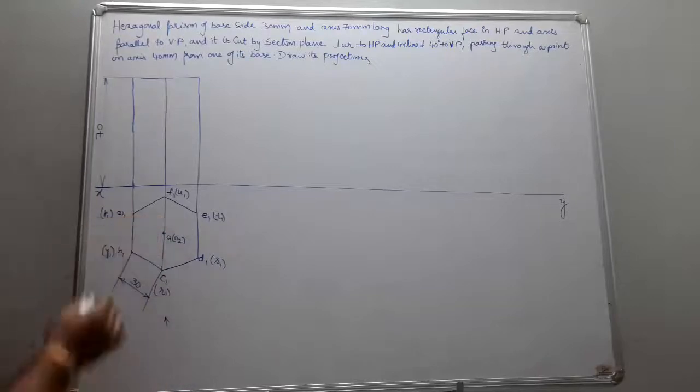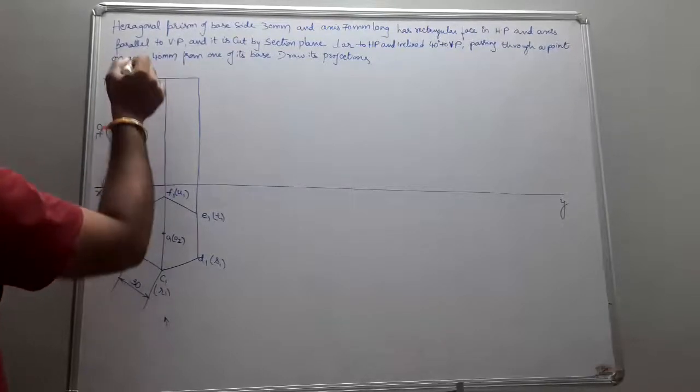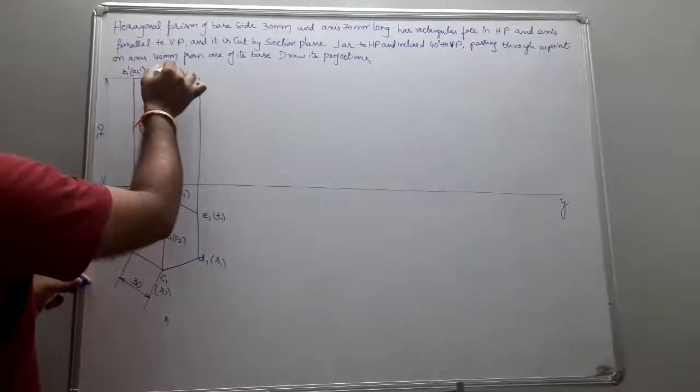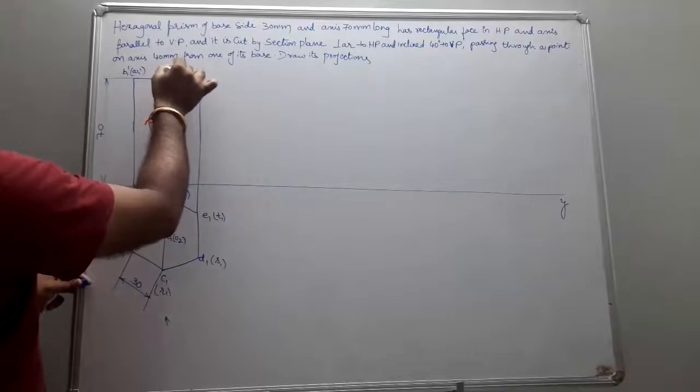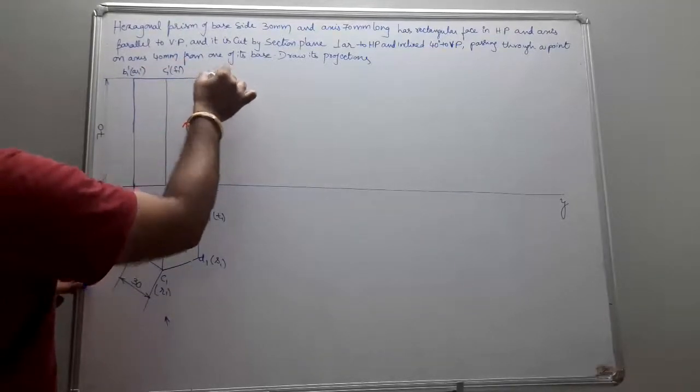B, C, D are visible, A, F, E are invisible. So this becomes B1 dash, A1 dash, C1 dash, F1 dash, E1 dash.